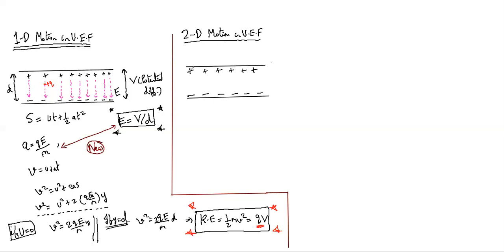And now instead of the charge being dropped, it is given some velocity in the right direction. Let this velocity be u instead of v.